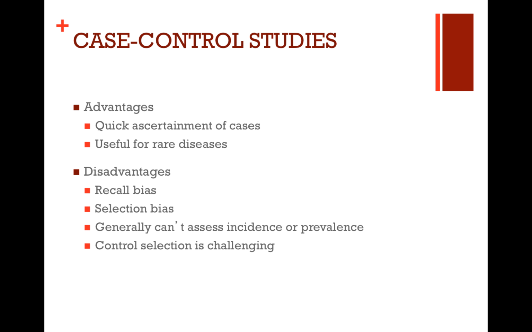The other is selection bias, making sure that we're not selecting our cases and controls based on their exposures. And so who joins the study? How are they different from people who are not part of your study? It's generally, but not always the case, that it can be very difficult to assess incidence or prevalence depending on the disease outcome.